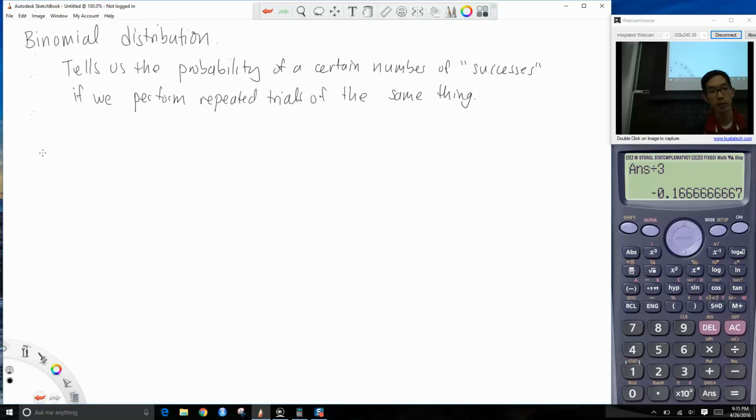Okay, so there are a few conditions. Basically you're going to perform the same trial n times, okay? So perform the same random trial n times.